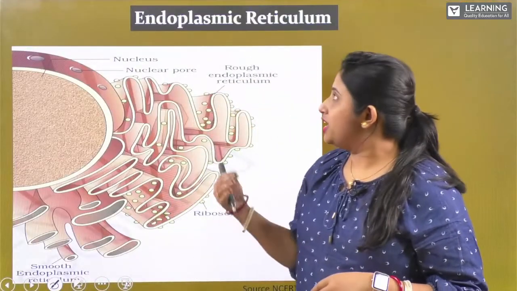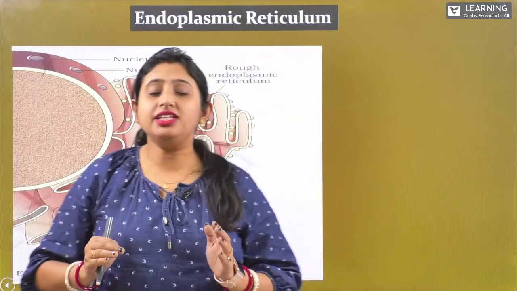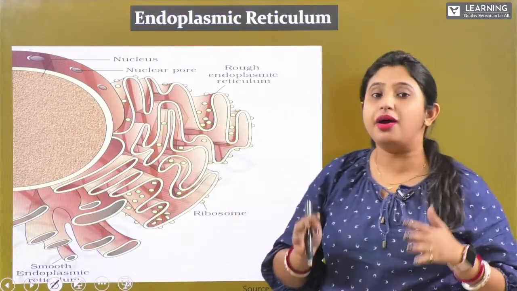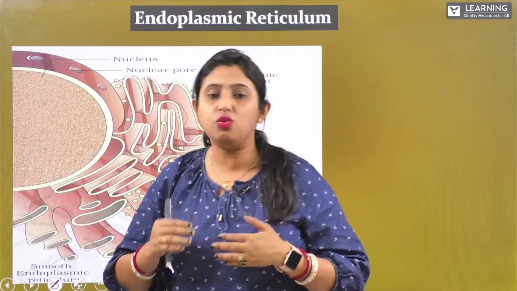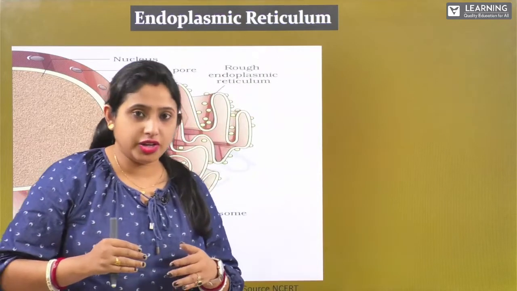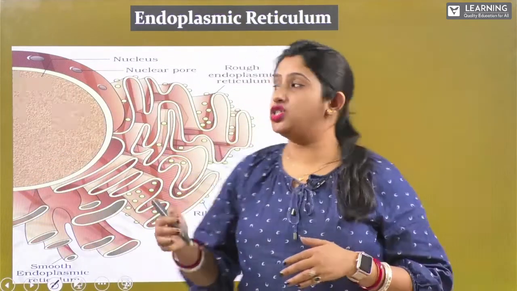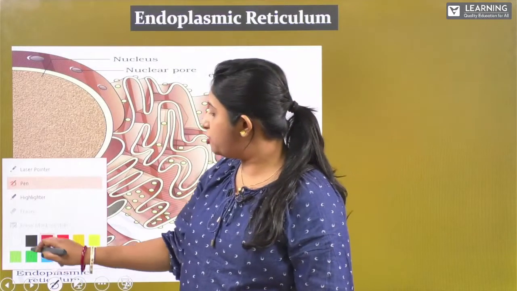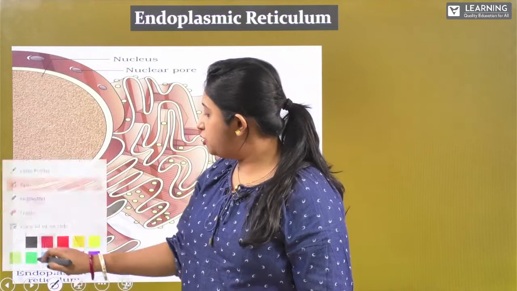So see, endoplasmic reticulum. Inside the cell, as you know, there are various cell organelles, right? Among them, the endoplasmic reticulum is also one of the cell organelles. As you can see in the picture, this is the endoplasmic reticulum. Where will you find it?